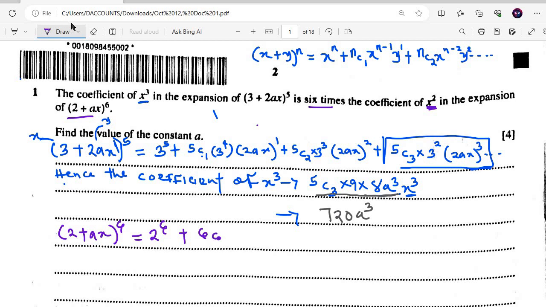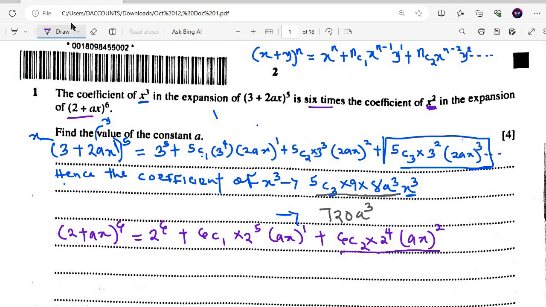The second term is this. What we need is the coefficient of x squared. So once you get to the third term, you're going to get x with the power of 2.